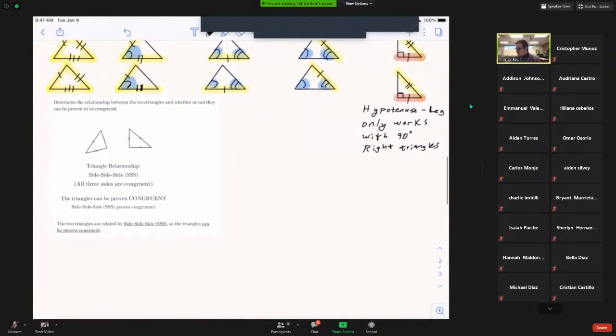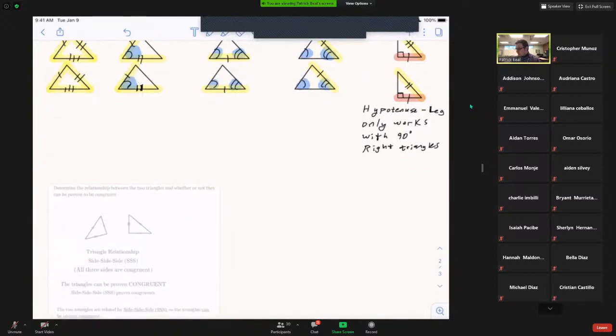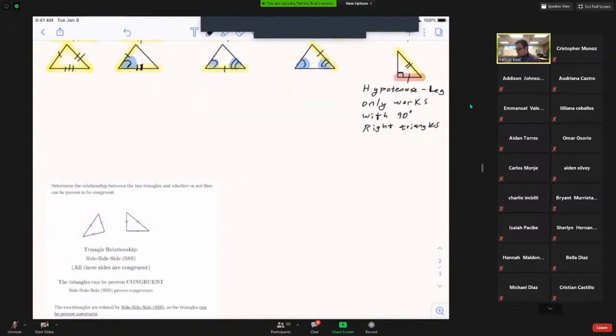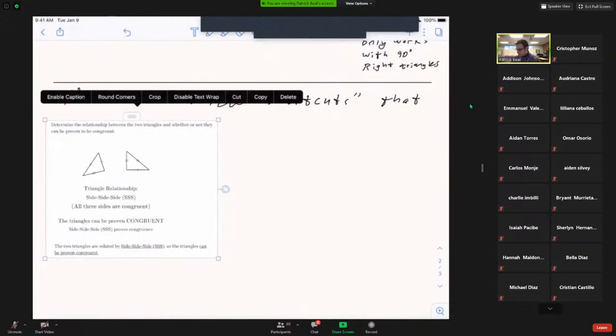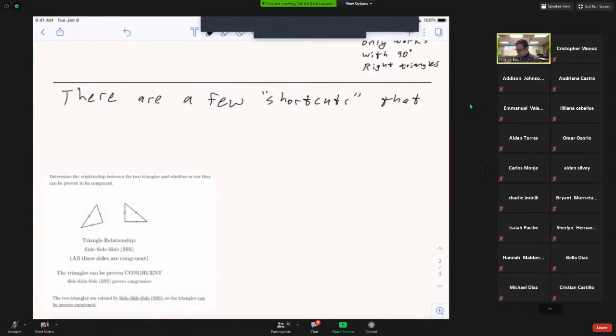Now, I should mention, for the purposes of the homework, that there are a few shortcuts that do not work. I will call them shortcuts in quotes that do not work.